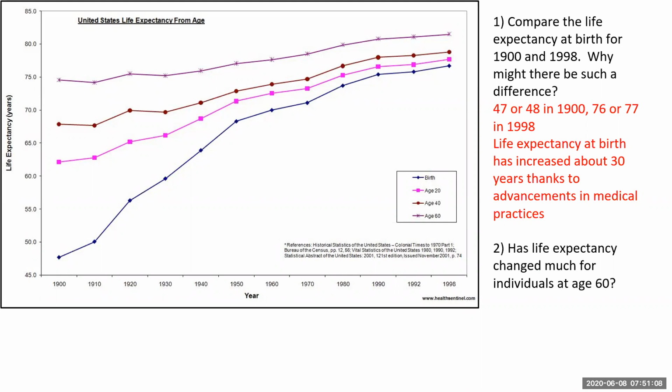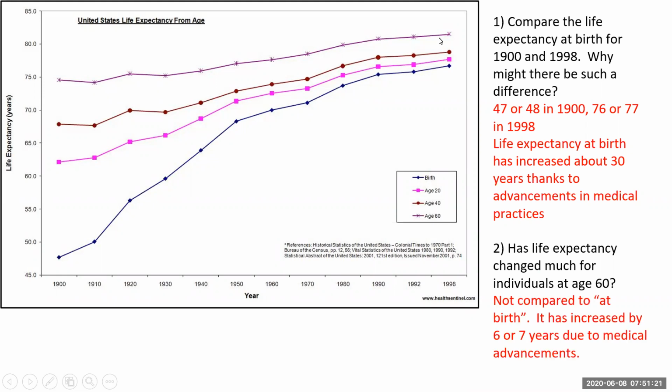Now, has life expectancy changed for individuals at age 60? This on the key represents life expectancy at age 60. Compared to at birth, it has increased by only 6 or 7 years due to medical advancement.